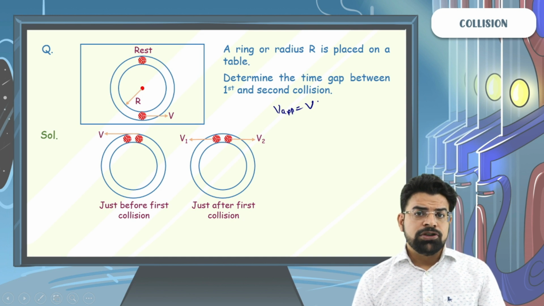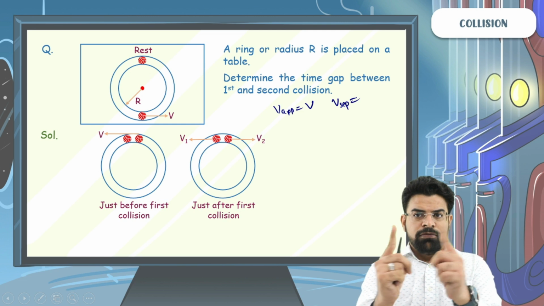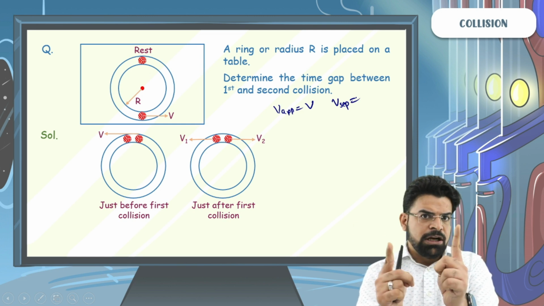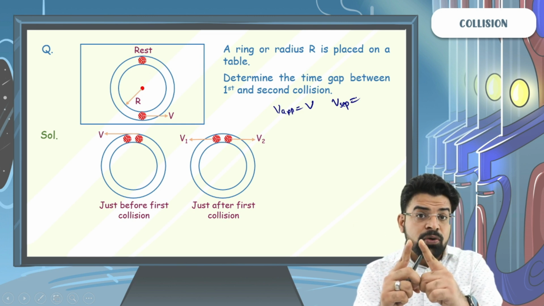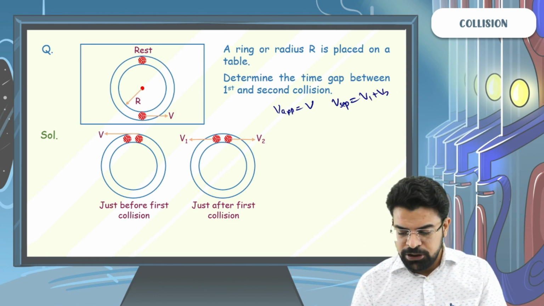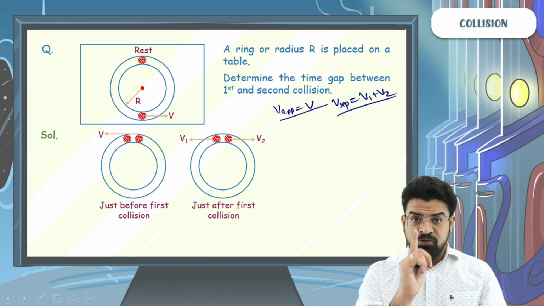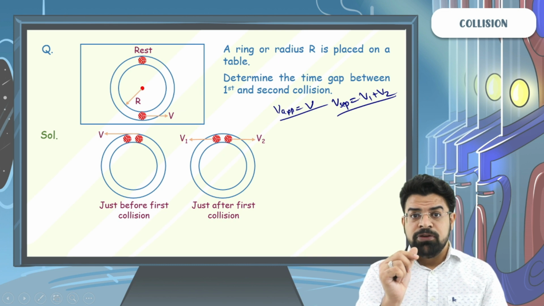What will be the velocity of separation? You will say, sir, both of them have velocity in opposite directions. After the collision, both the velocities are trying to increase the separation. So just after collision, velocity of separation will be v1 plus v2, right? So keep these things in mind. Velocity of approach will be v, while velocity of separation will be v1 plus v2.